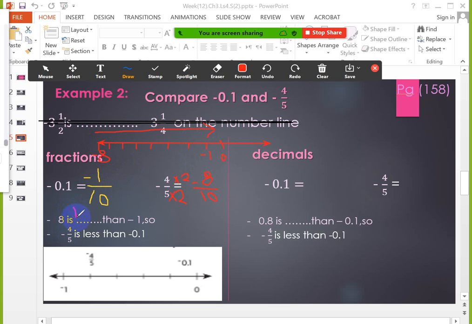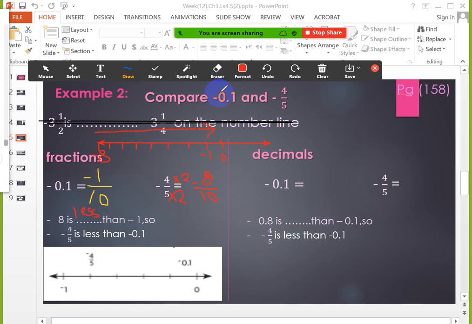So -8 represents this fraction, because -8 is less than -1, that means this fraction -4/5 is less than -0.1. So this is why this fraction is less than the decimal. That means the decimal is the greater number.